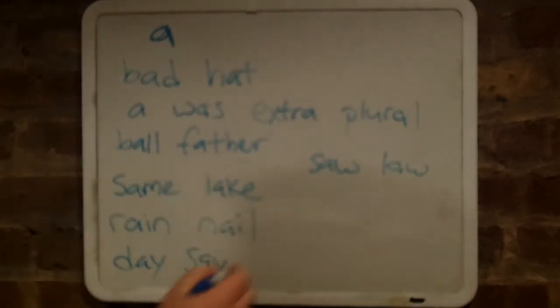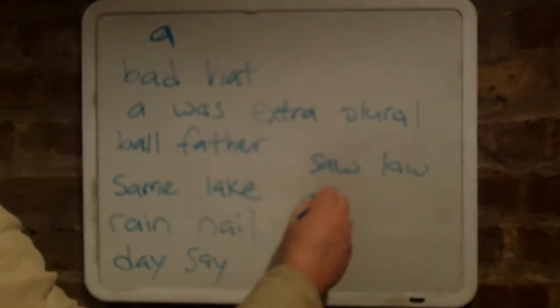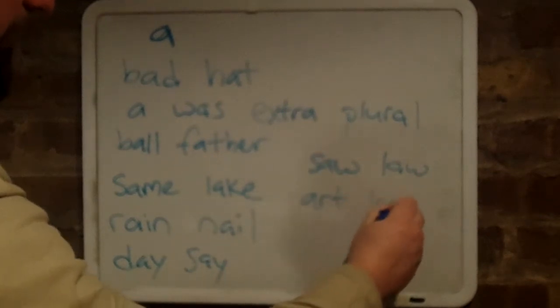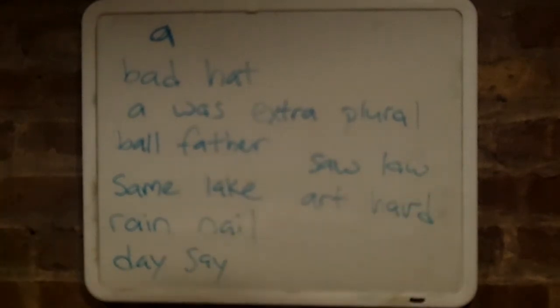With the R sound, here's another difference between US English and British English. Words like art and hard. The Americans pronounce the letter R with a very distinct sound, whereas British people tend to say something more like ot and hod. The R is barely whispered.